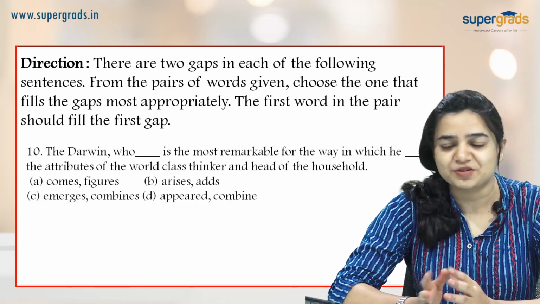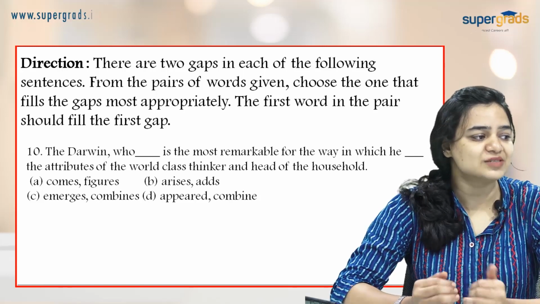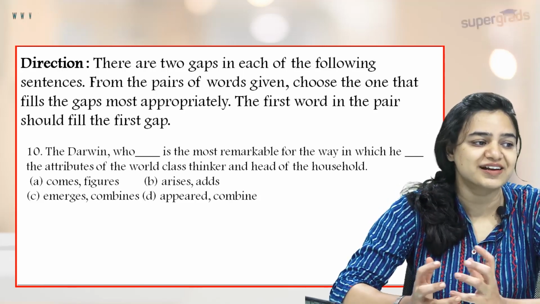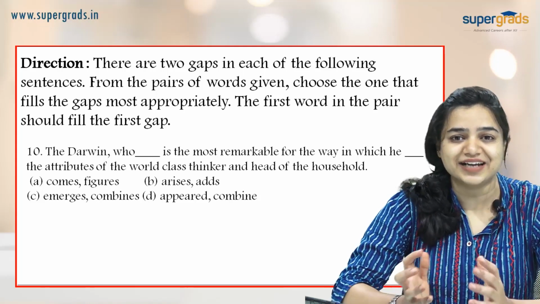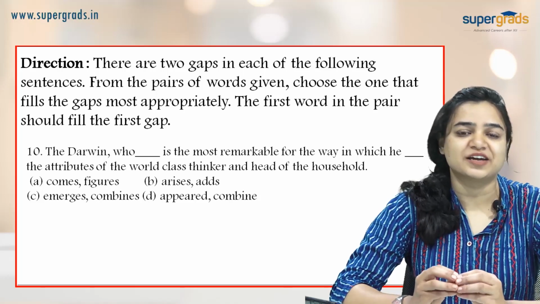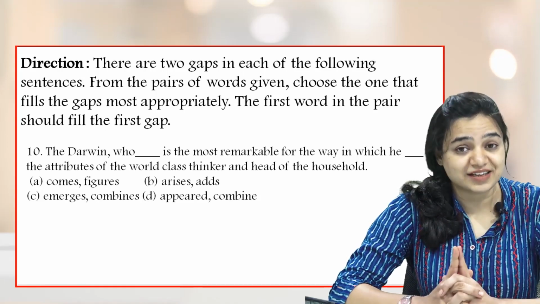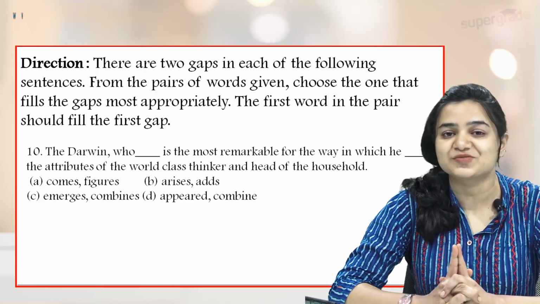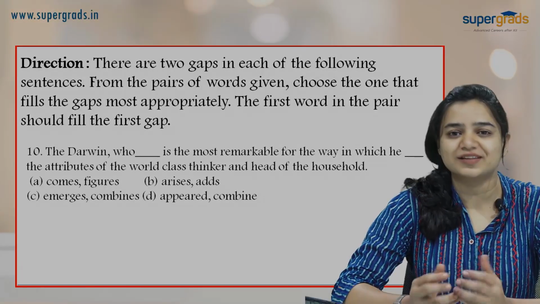So that is automatically eliminated. Now here we are talking about Darwin, who has both the attributes of world-class thinker and head of the households. That means he has combined both of these attributes beautifully. And that is why the option that fits best is option C. So it also takes care of the basic grammar rule. If you are aware, this was the rule of subject-verb agreement, and it also fit in the meaning.